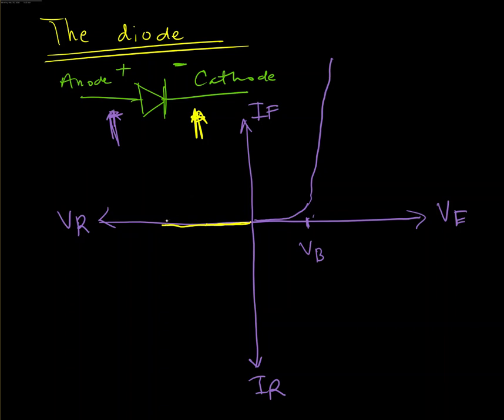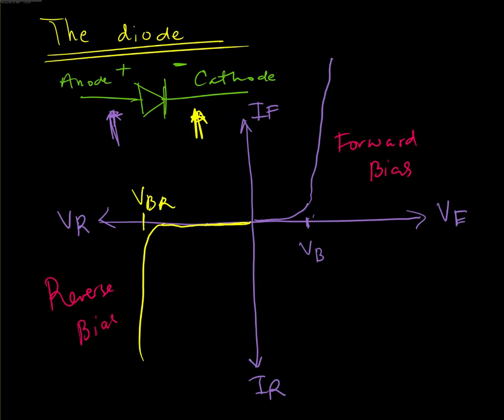But if you allow that voltage to get too big, eventually you will break the diode, and there's a breakdown voltage here. This side of the graph is the forward, and it's actually this quadrant here. So let me redraw that. This is the forward bias part of the graph, and this is the reverse bias part of the graph.